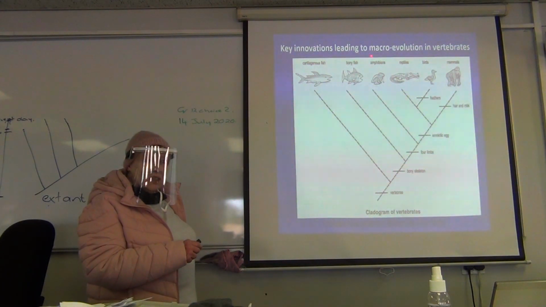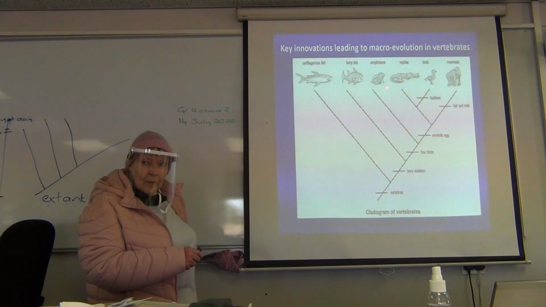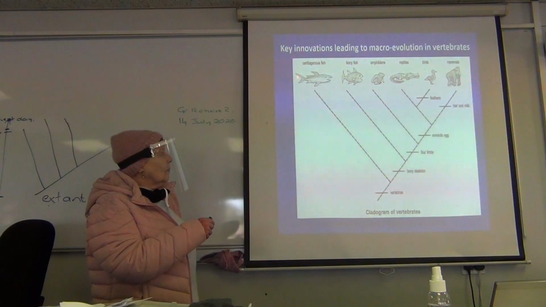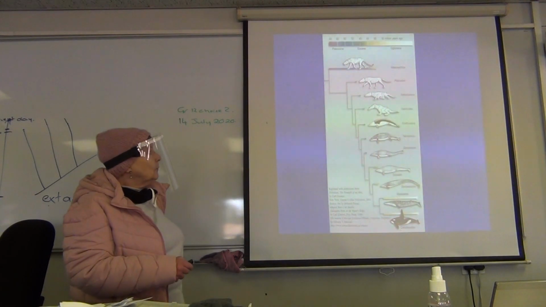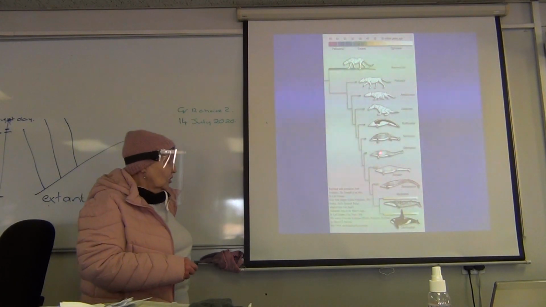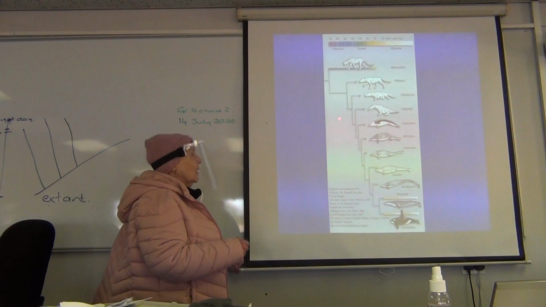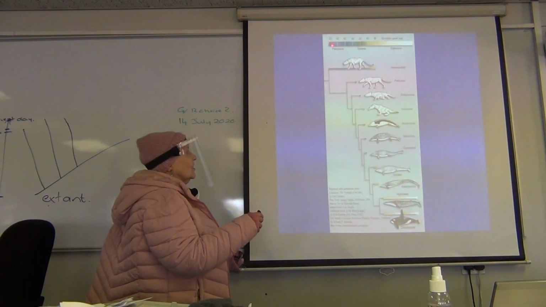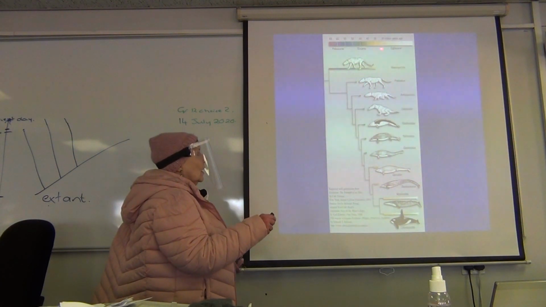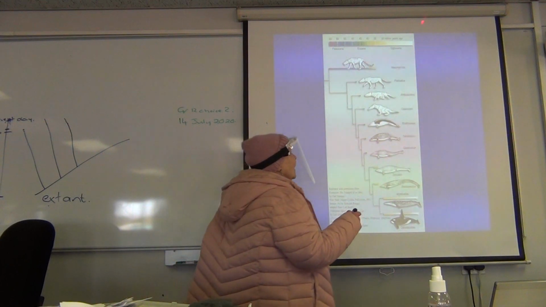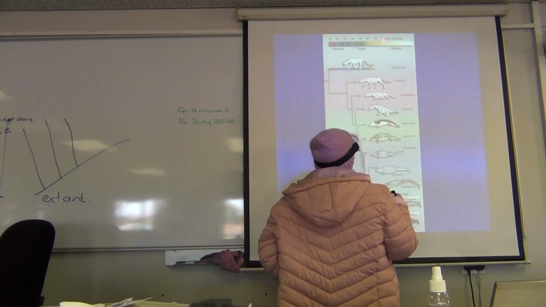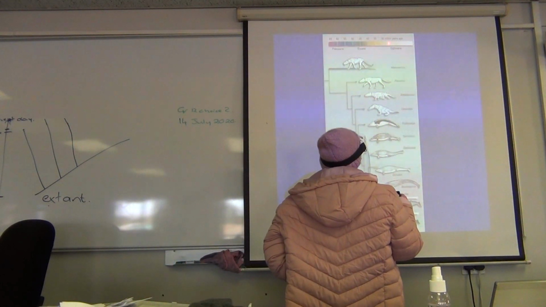Not saying that nothing did go extinct, but of all the groups, there are still cartilaginous fish today, there's still bony fish, etc. Now this particular phylogenetic tree, very similar, but look, there's the timeline. It's not an imaginary one, and it says 30 million years ago, and million years ago is abbreviated as MYA.